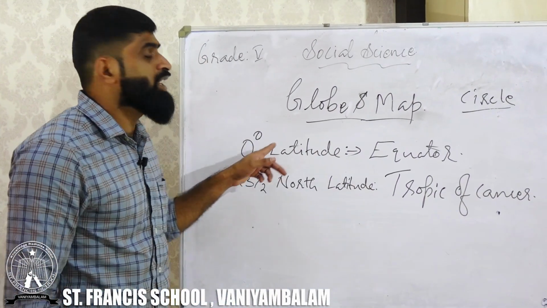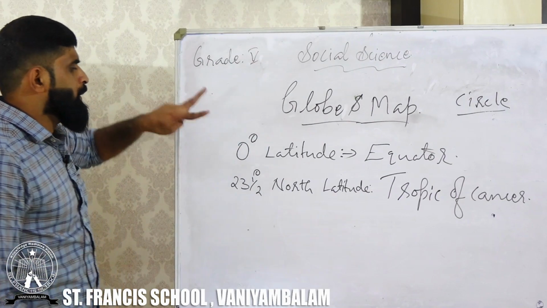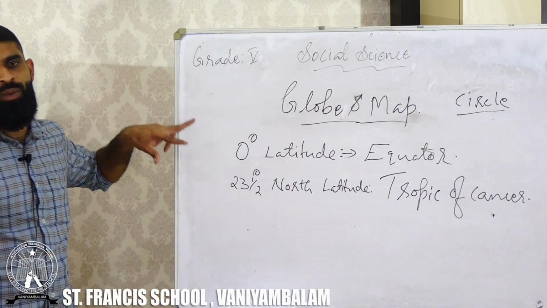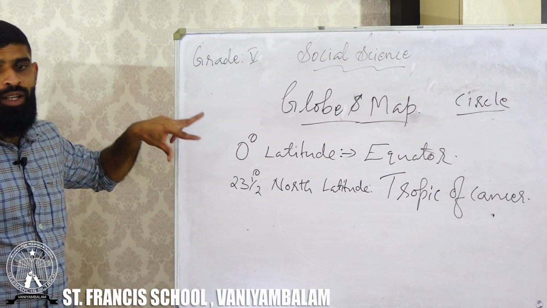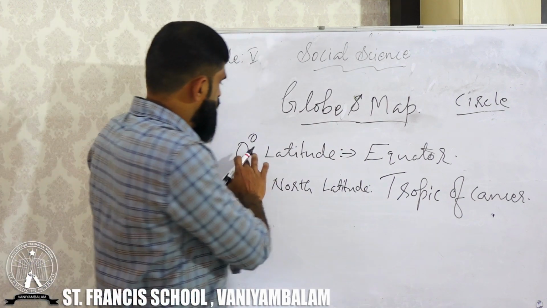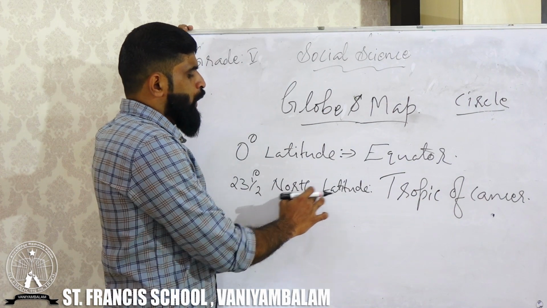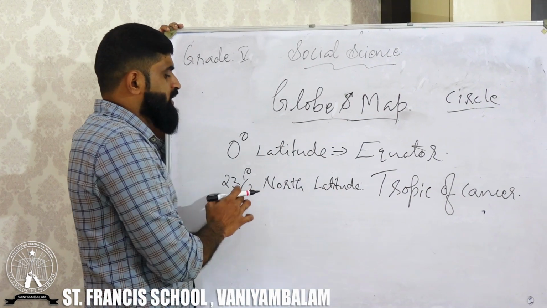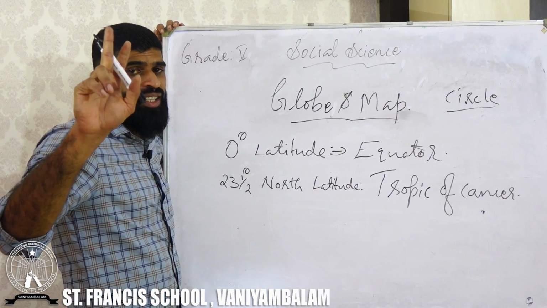So right now we have learned two latitudes: 0 degree latitude, the equator, and 23.5 degree north latitude. North latitude means this latitude is in the northern hemisphere. How many hemispheres are there?